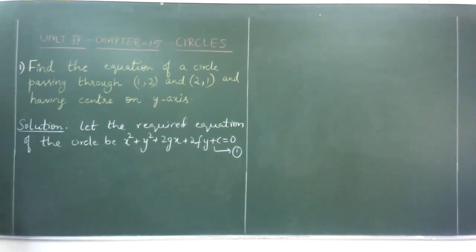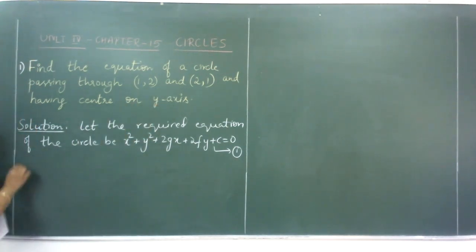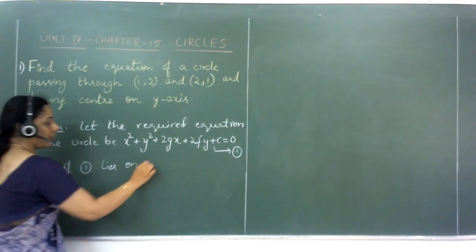Now, what is given in the data? They have said that circle 1 is having its center lying on the y-axis. That means the center of equation 1 lies on the y-axis.